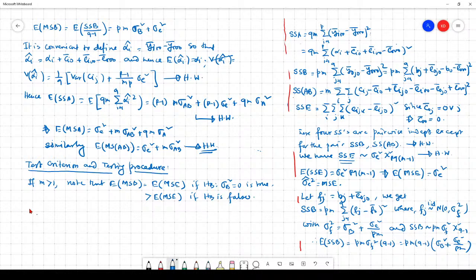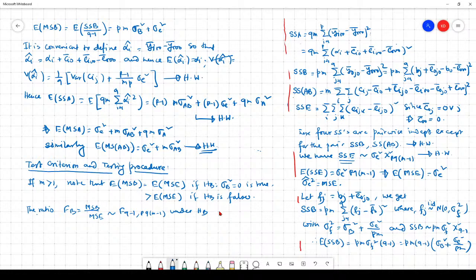The ratio FB, this is equal to MSB by MSC. Please follow. F distribution Q minus 1, PQM minus 1 under H naught under HB.